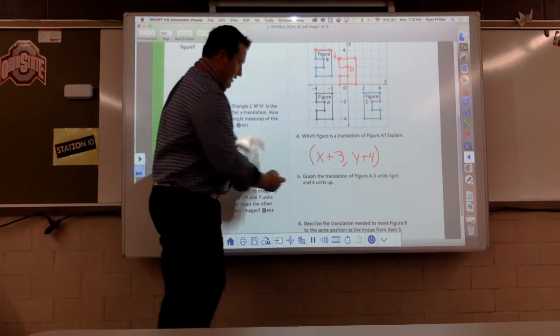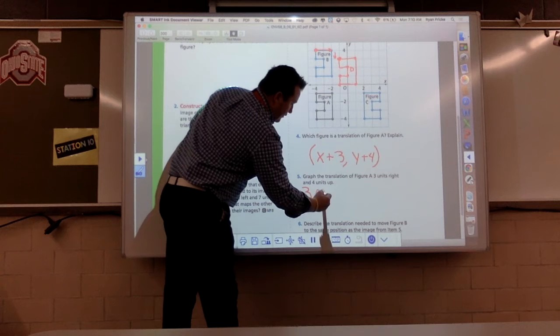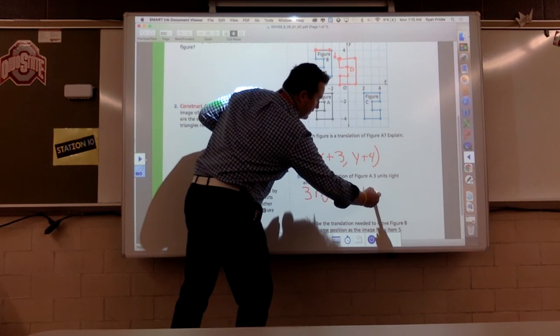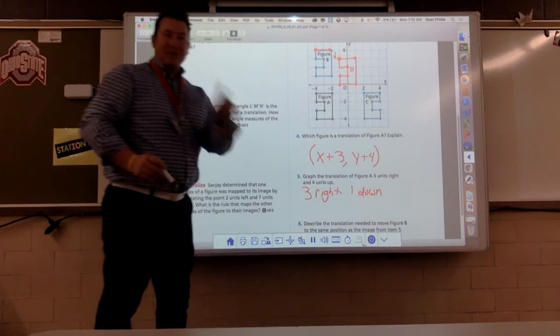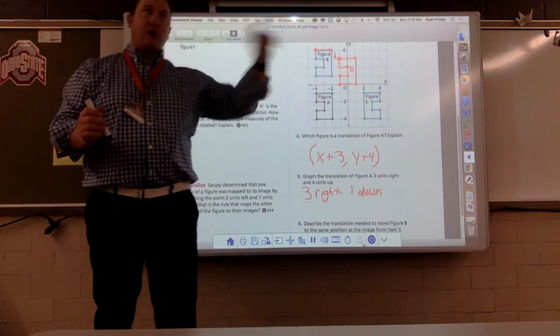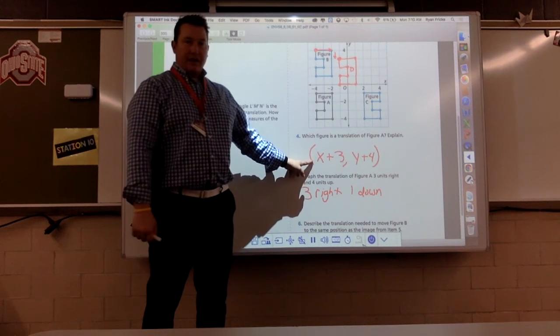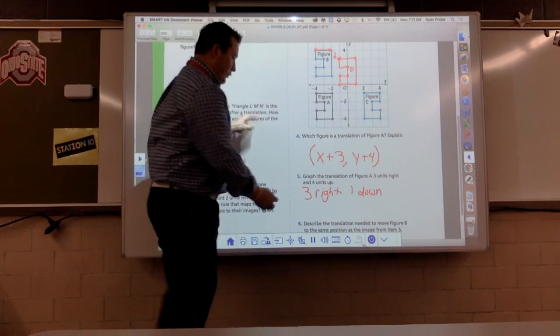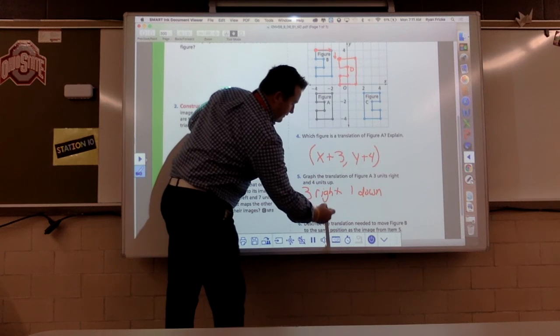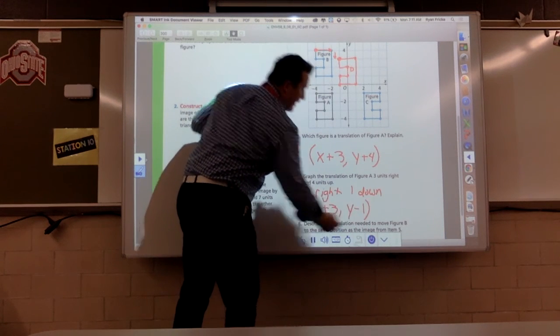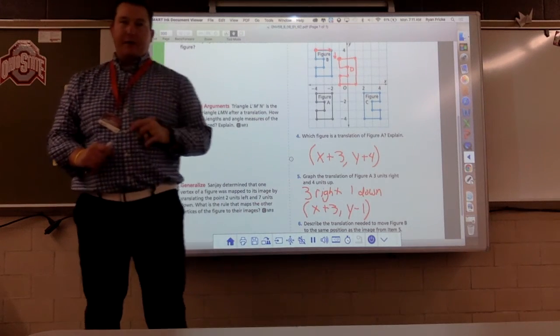So you can write that: 3 right and 1 down. If we were going to write a rule for 3 right and 1 down, what would that rule look like? Well, 3 right says x plus 3, and 1 down says y minus 1. And there you go.